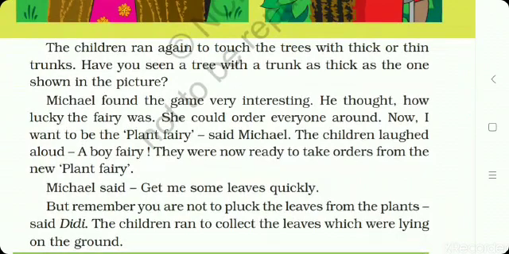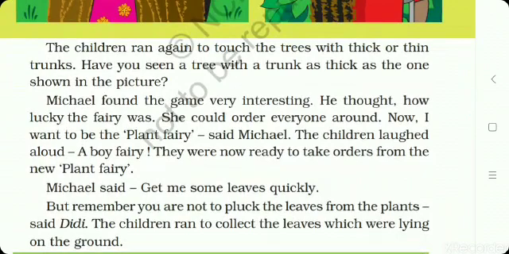Everyone laughs and calls him a boy fairy. The game starts again and Michael asks the children to get him leaves. Didi instructs that the children should not pluck leaves from the trees but should pick the leaves that have fallen on the ground.